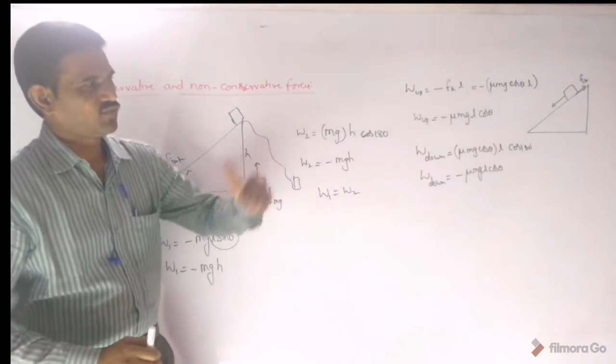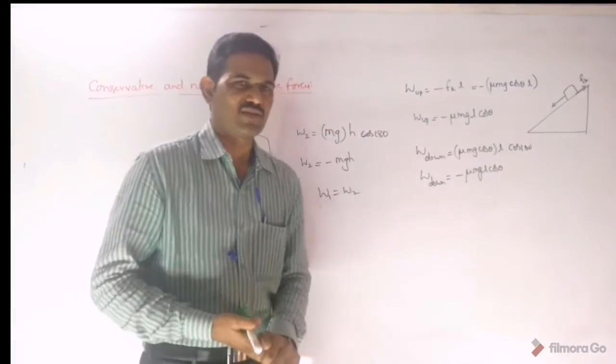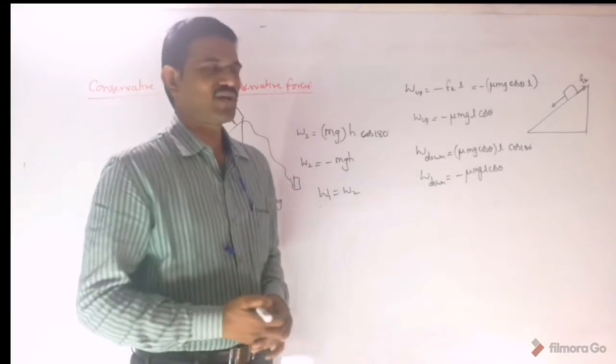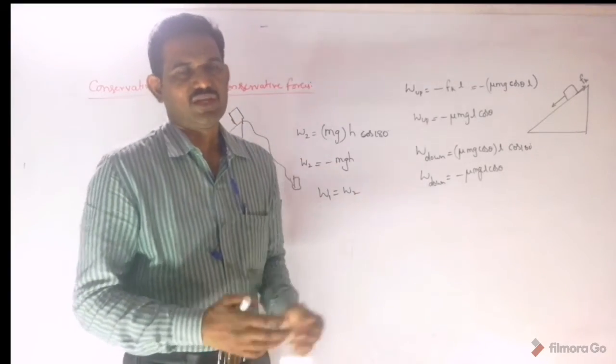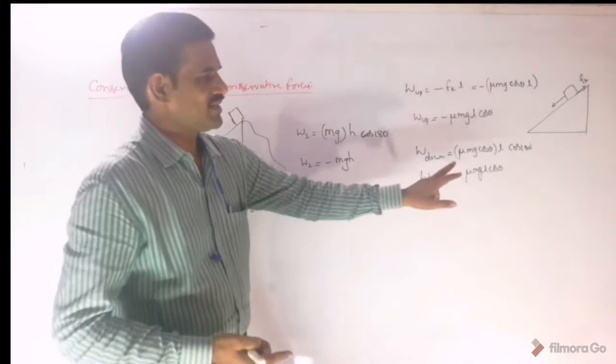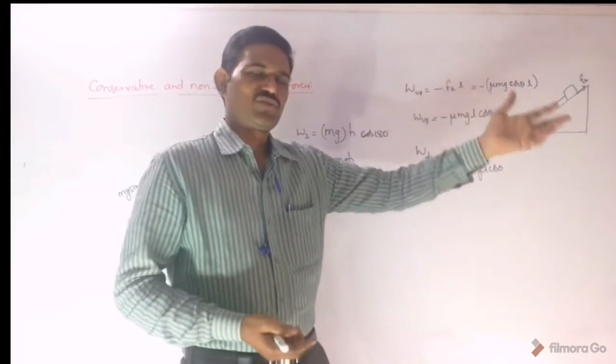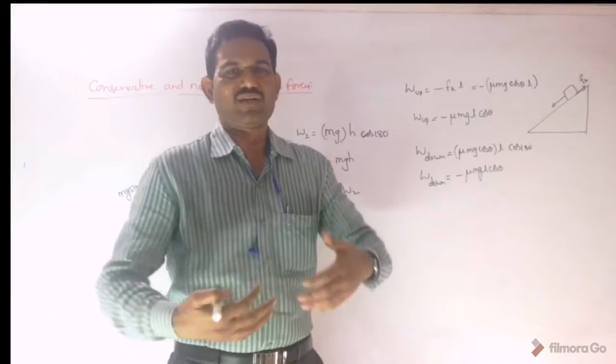So whether it is moving up or moving down, the work done is the same. And here you can say that this work done depends on the path followed. If you change the path, then automatically the L value changes, and thereby the work done by friction will be a different value.